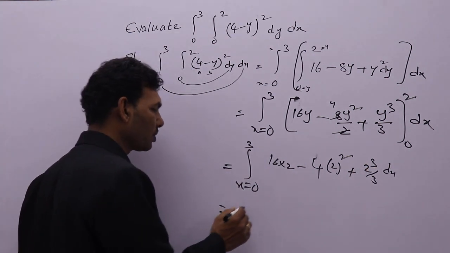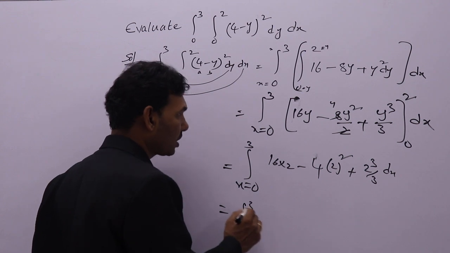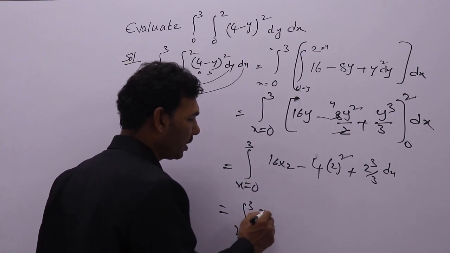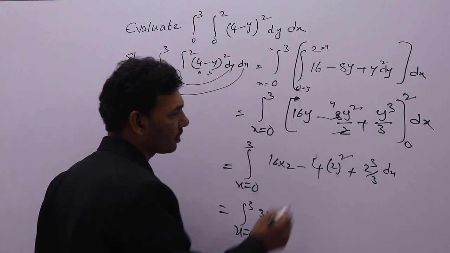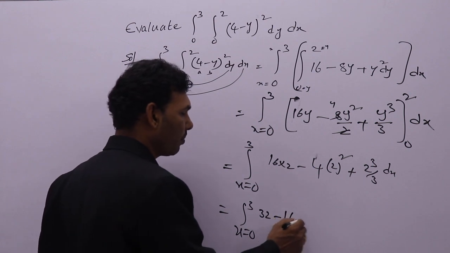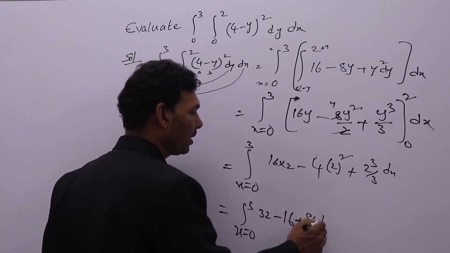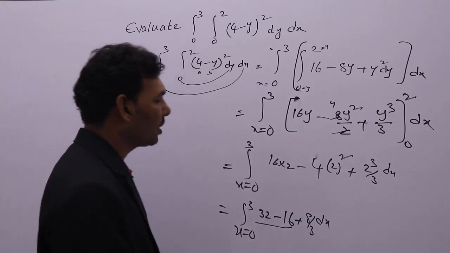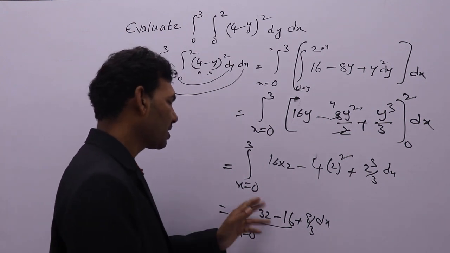Now 16 times 2 is 32, 32 minus 4 by 4 times 16 plus 8 by 3, dx. So 32 minus 16, which is 16.